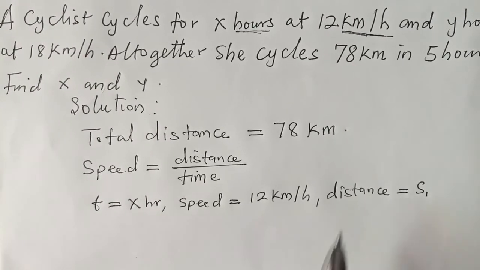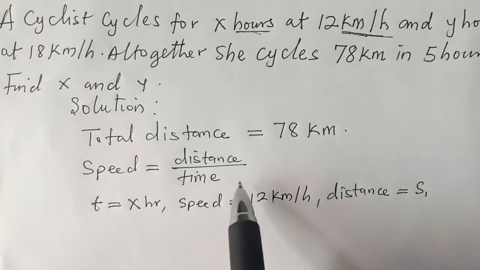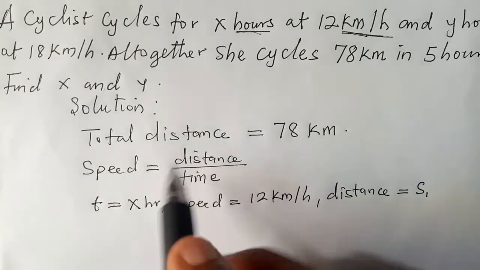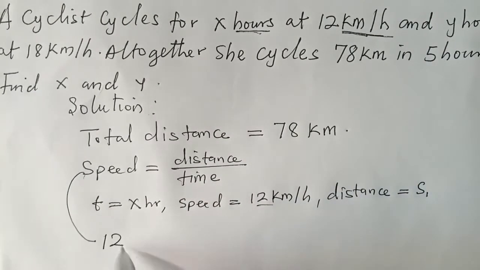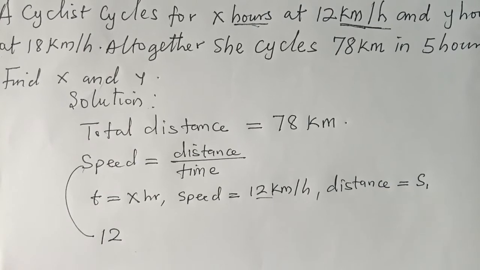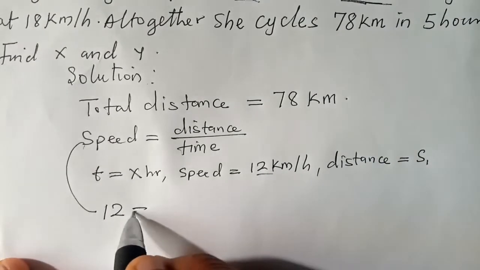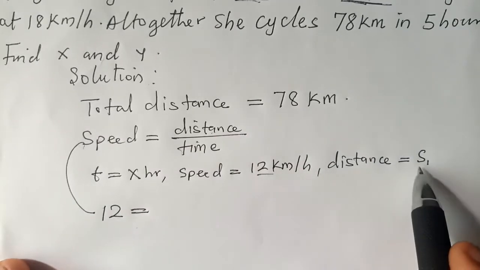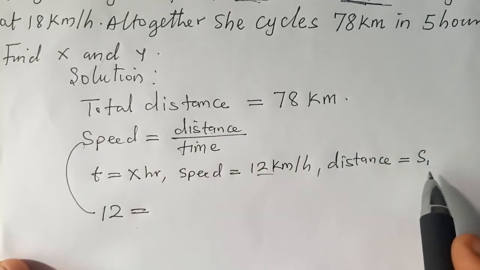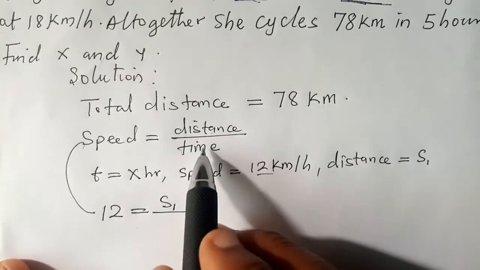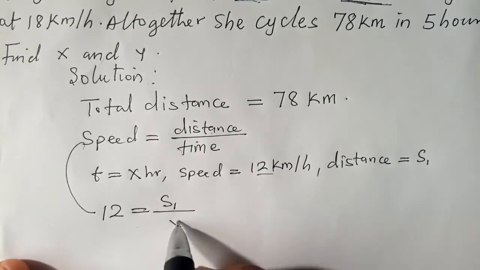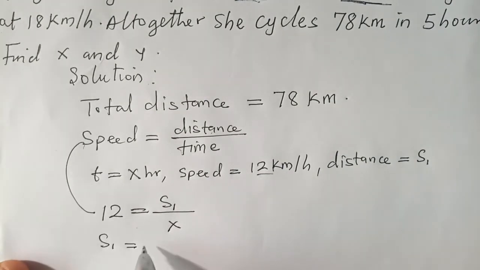Then you have to substitute all this inside speed equals distance over time. The first one is speed, so I will put 12 there. 12 is equal to distance, which is S sub 1, over time, which is X. Then I have to make S1 the subject of the formula by cross multiplying.